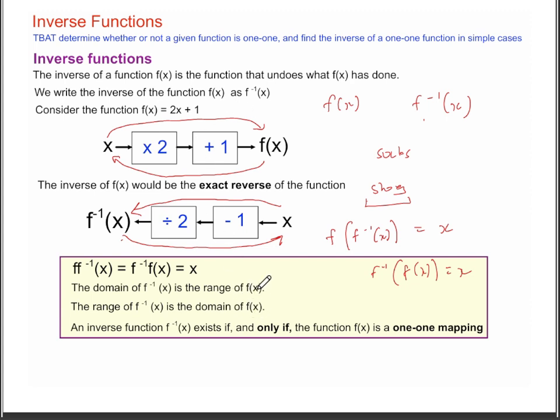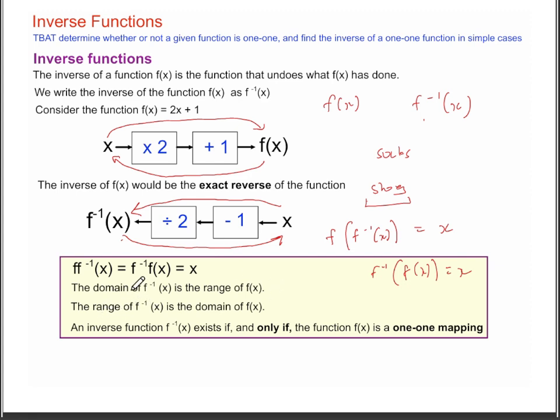Then other important characteristics: the domain of the inverse is the range of your original function. Meaning whatever values you have in the range of your function will be the domain of your inverse. Obviously, if you're undoing it, you need to have the final result so that you can undo it.